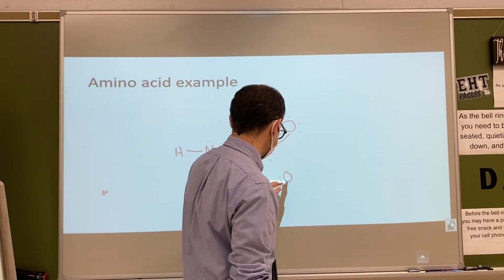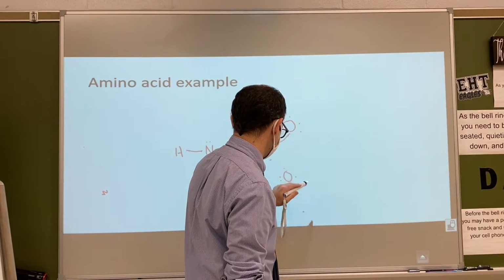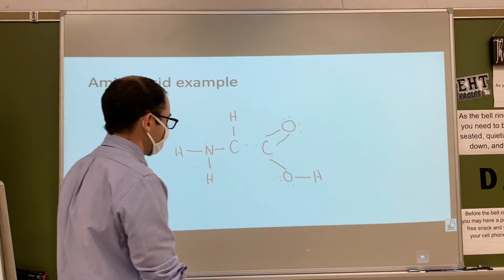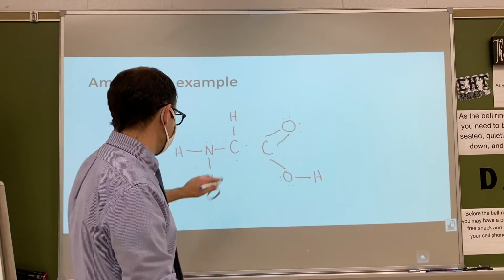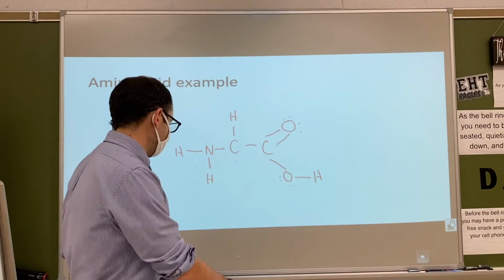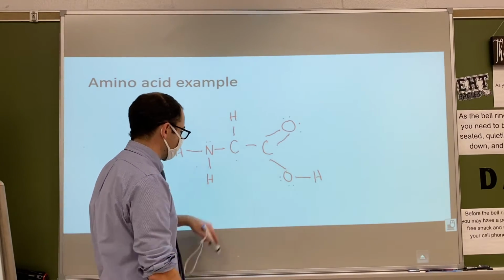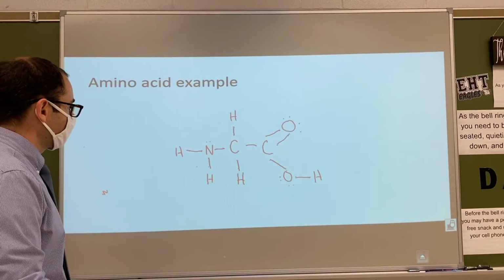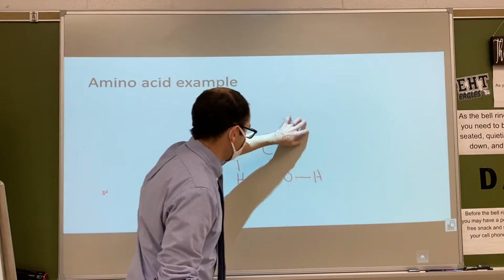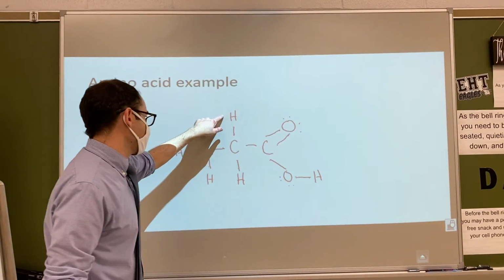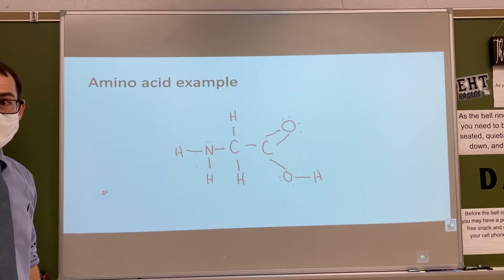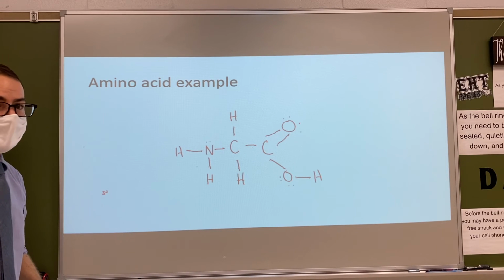So another oxygen, so let's put in its dots. All right, so we get something that looks like that. Now we need to connect this, and then the R group goes here. And I said, let's just make the R group an H just to make it easy. So we'll just connect it there. So we have our amino, we have our carboxylic acid, we have our hydrogen at the top, and then the R group at the bottom there. All right, and then that's pretty much it. Any questions with that one?